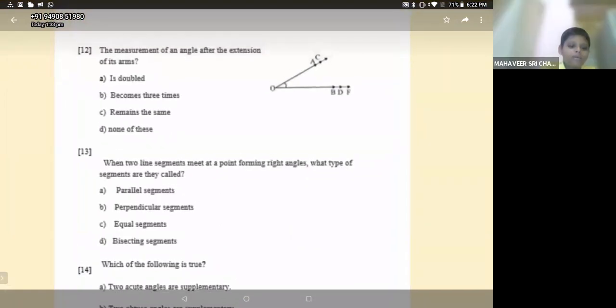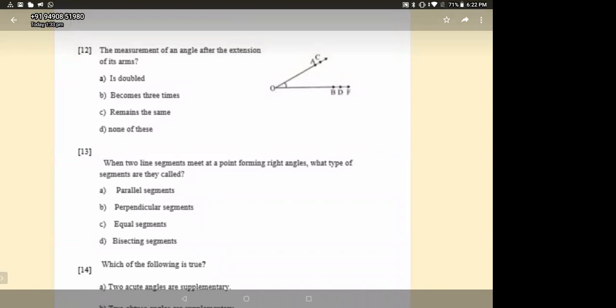The measurement of an angle after the extension of its arms. You see, children, the measurement of an angle remains the same. Remains the same, ma'am, if the lines are extended. Children, if you extend it to Delhi also, the angle will remain the same.